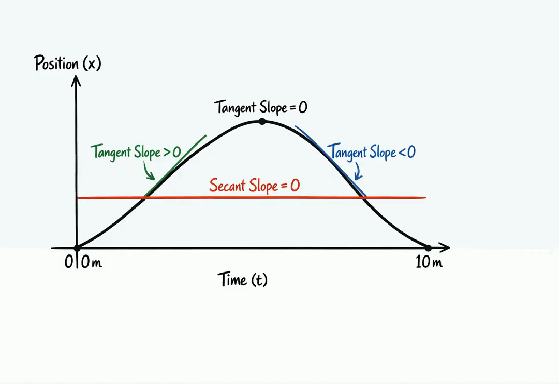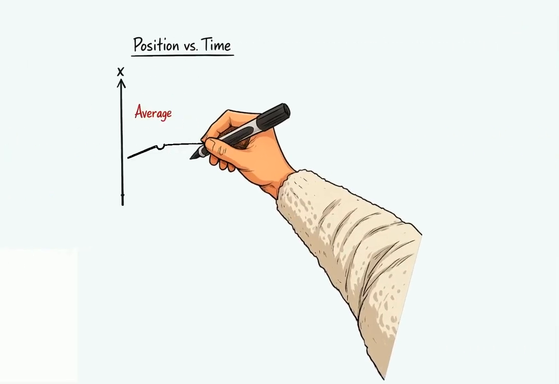But that secant slope does not match the tangent slope at most points in between. Seeing secant slope is 0 and tangent slope is not 0 side by side is usually enough to make the misconception disappear.